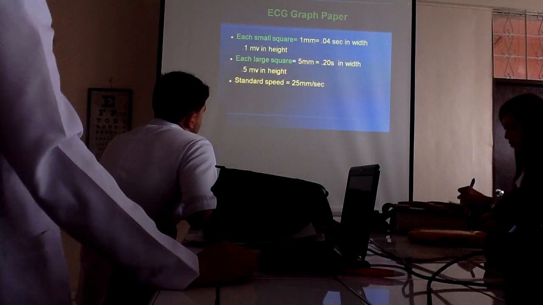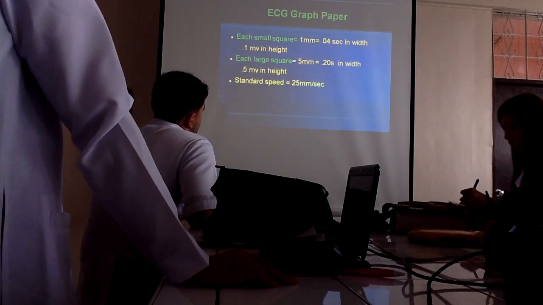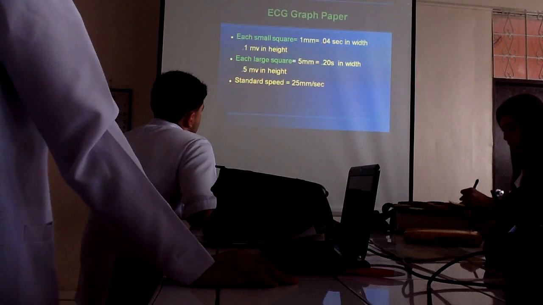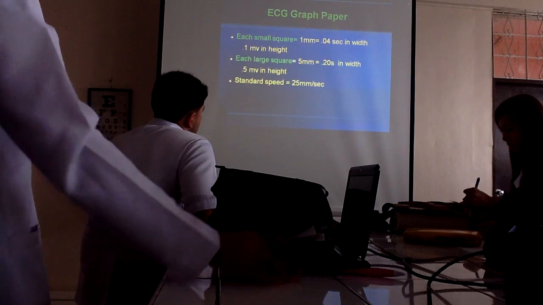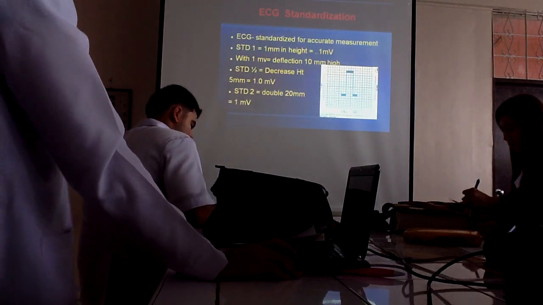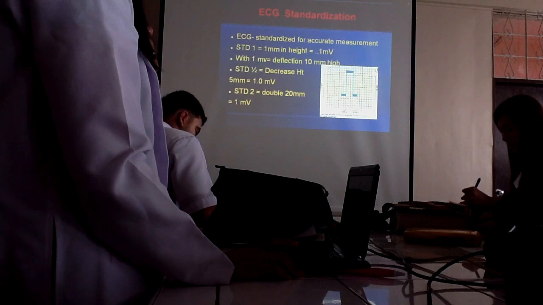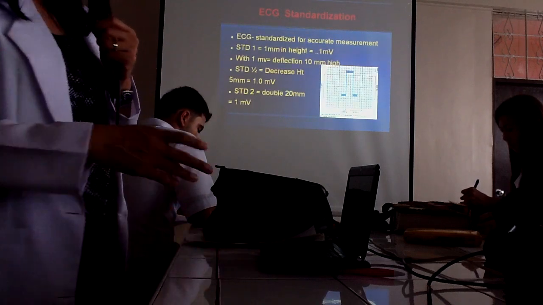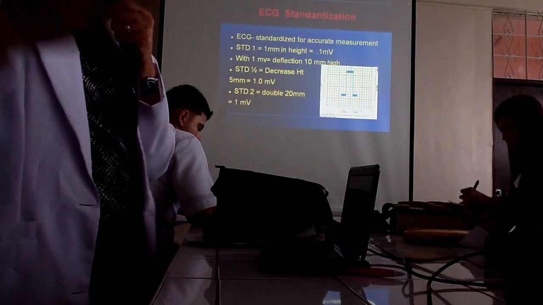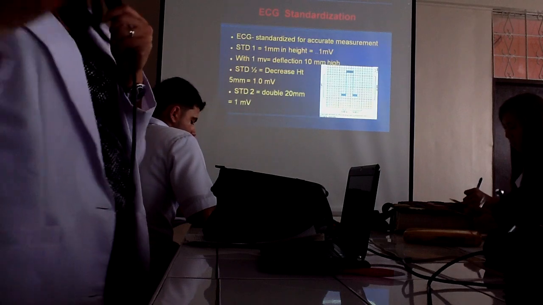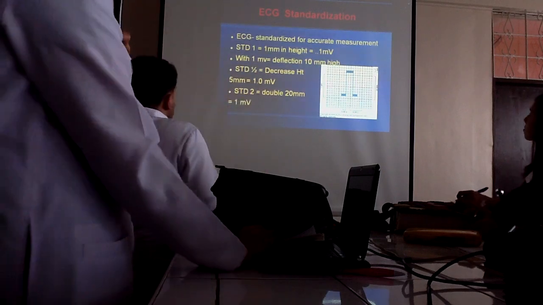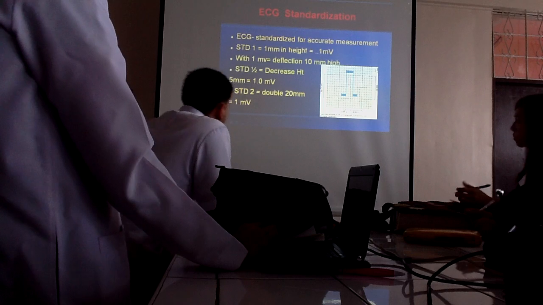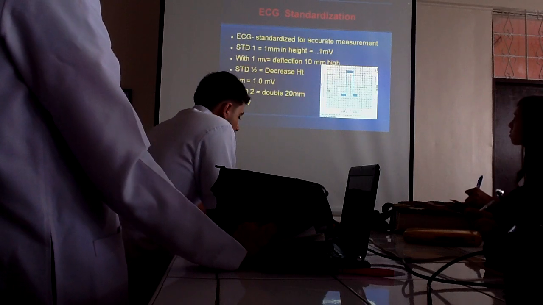Now, the standard speed for your ECG is around 25 millimeters per second. ECG is standardized for accurate measurement. It means that the initial ECG setting is always at standard 1. Standard 1 means that the height is 1 millimeter for 0.1 millivolt.